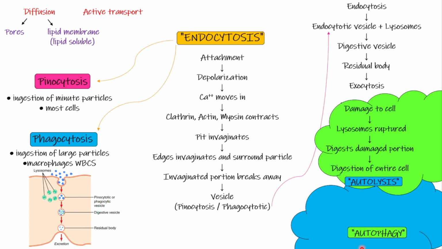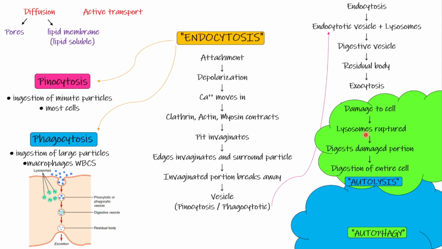Autolysis means that whenever a cell is damaged, the lysosomes inside the cell are ruptured. And when the lysosomes are ruptured, their enzymes come out of the lysosomes.